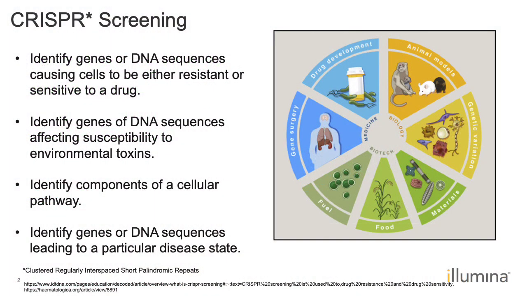The ability to modify the expression of single genes has become one of the most important tools in molecular and cellular biology. And so several methods, such as CRISPR, have been developed to allow for specific gene manipulations in cells. Some common applications of CRISPR technologies can be seen in the figure to the right of this slide here.